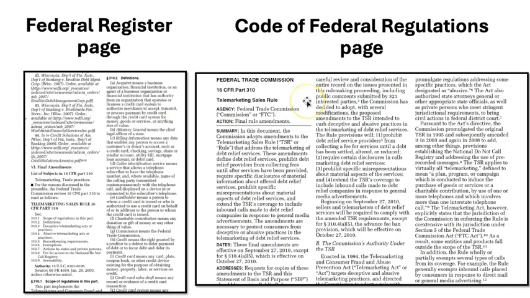At right, we've got an example of a Code of Federal Regulations page. So we're looking at 16 CFR Part 310, and this rule happens to be specific to the Federal Trade Commission. And this rule contains the final rule amendments, right? So those amendments made following the final rule that you found in the Federal Register.